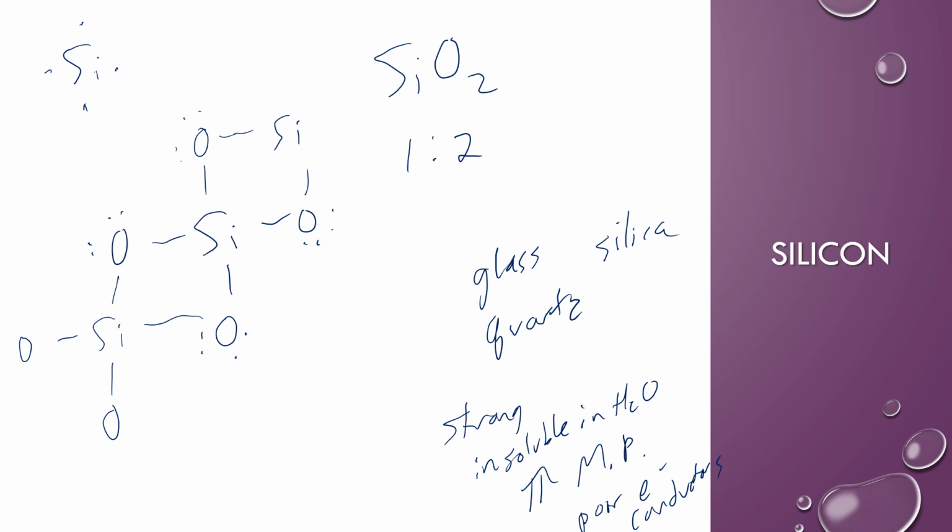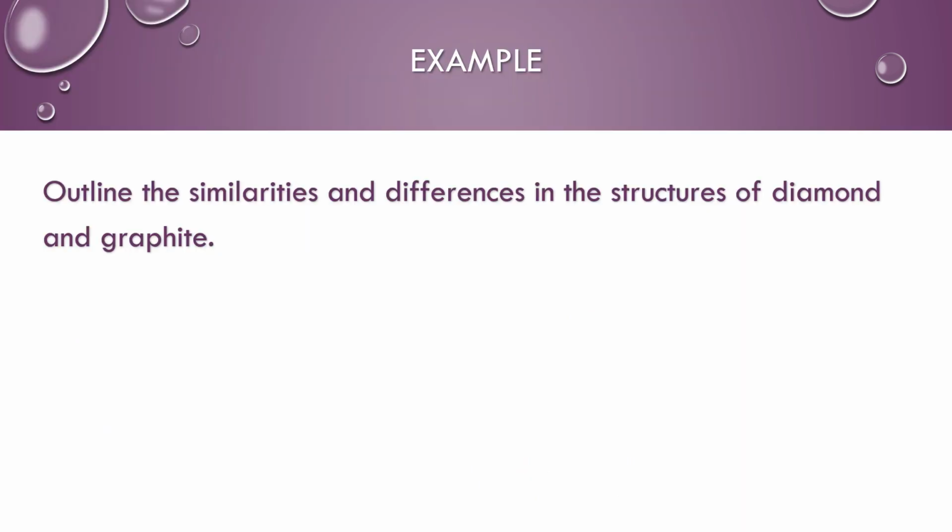covalent network structures. Here's an example question that you might see: similarities and differences in the structures of diamond and graphite. So diamond, because the carbons are sp3 hybridized, each carbon has 4 bonds to other carbons. So it winds up with this 3D structure where all of the layers are attached to each other with covalent bonds, whereas graphite is sp2 hybridized.